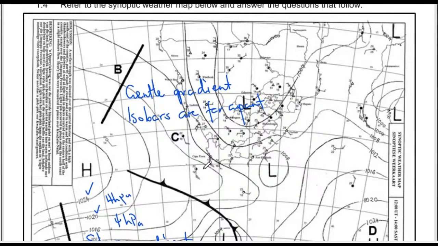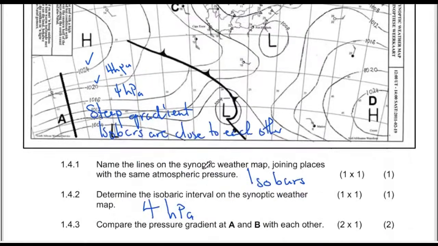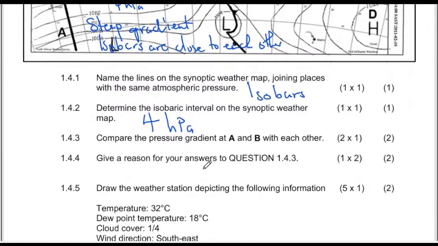Right. So we need to look at the next part. The next question is saying, compare the pressure gradient. We have compared. The reason for your answer, we have given that there's a steeper gradient where there are isobars which are close to each other, and also where there is a spacing of the isobars, it suggests that there is a general gradient.